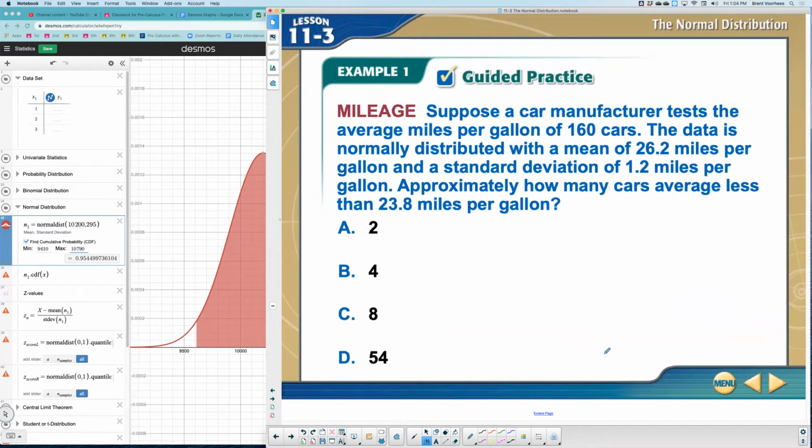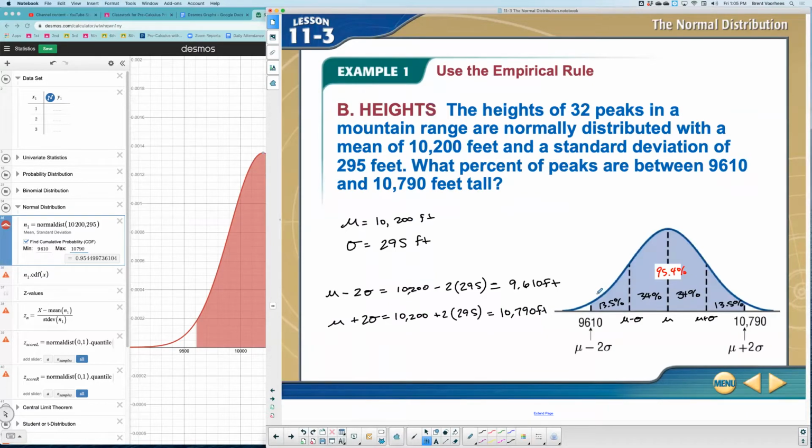So given this problem, we want to know how many cars. Let me see, what percent of peaks? So mine was saying percent of peaks.